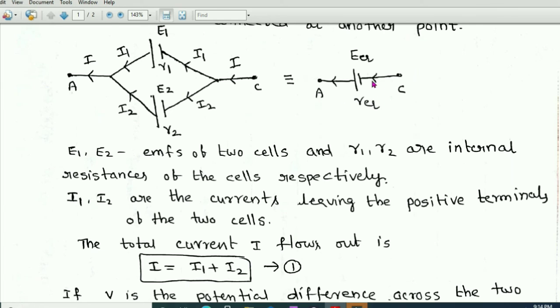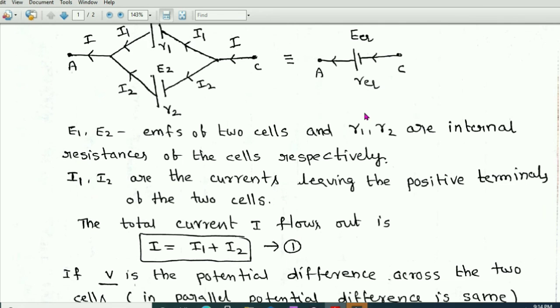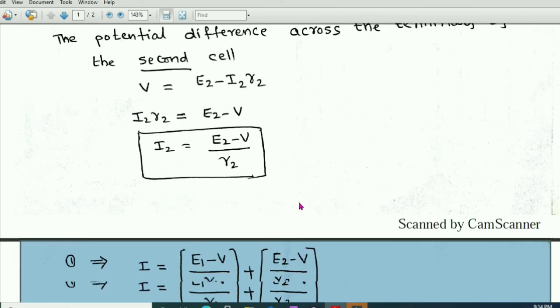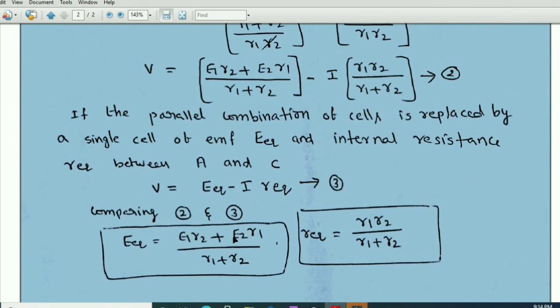Now here the current I flows from C to A. So for this figure, if you write the terminal potential difference equation, it gives V is equal to E minus IR, so V is equal to Eeq minus I into Req. Here Eeq is the equivalent EMF, I is the current that flows from C to A, and Req is the equivalent internal resistance. Let it be equation number 3.